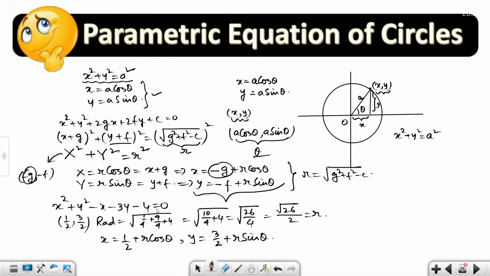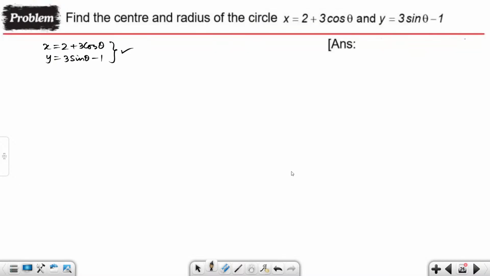Now we are learning how to get the general form from a parametric form: you simply eliminate the parameter, here theta. So x minus 2 over 3 is cos theta, and y plus 1 over 3 is sine theta.